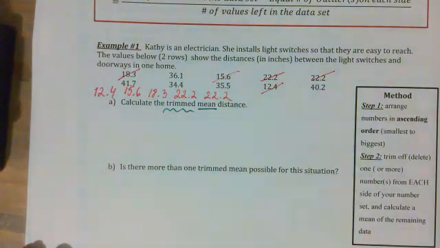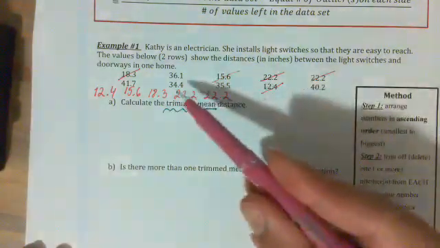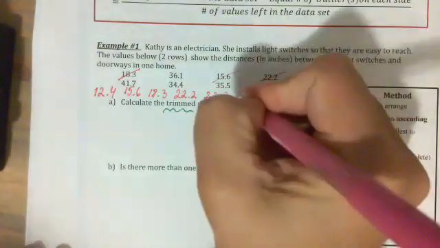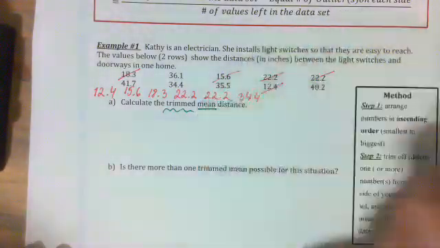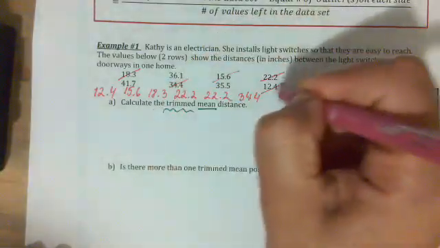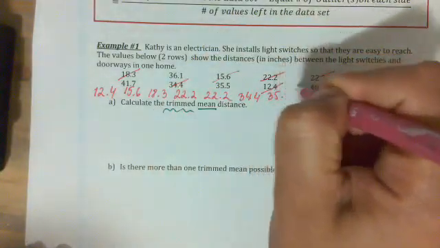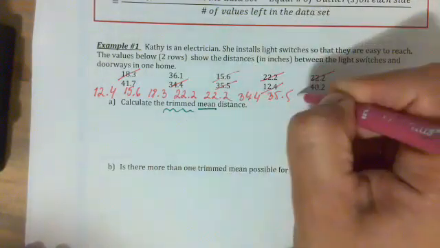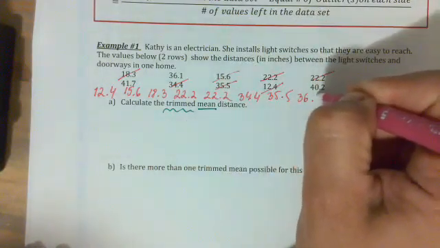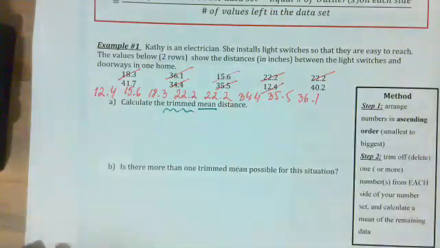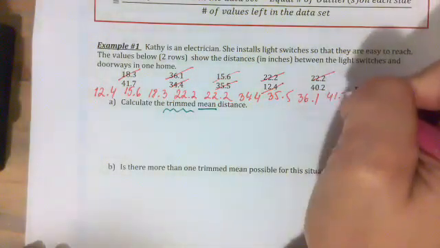The next, now we're getting into our 30s, so 34.4, 35.5, 36.1, and last one, 41.7.